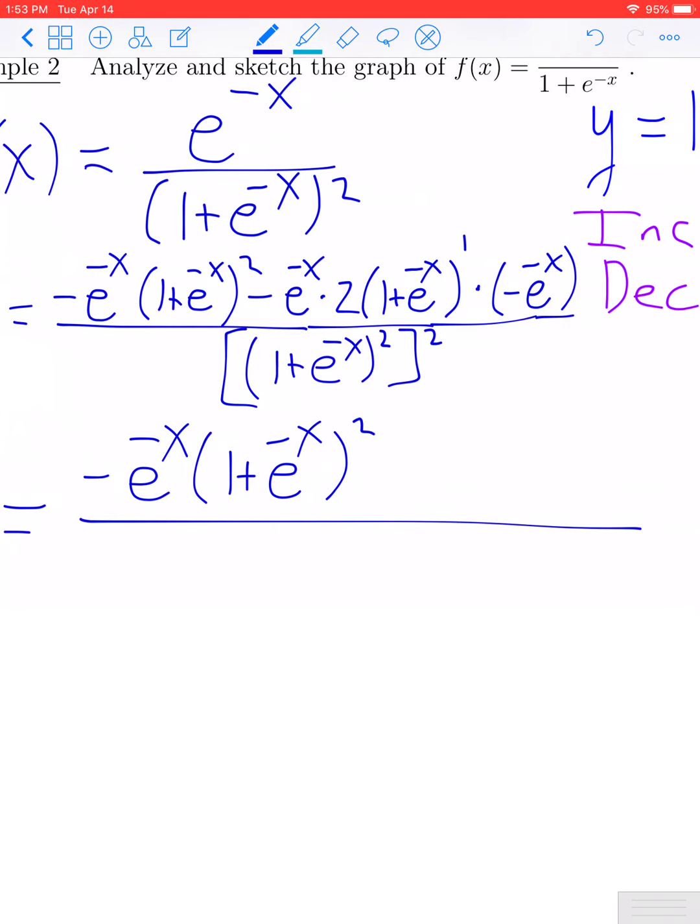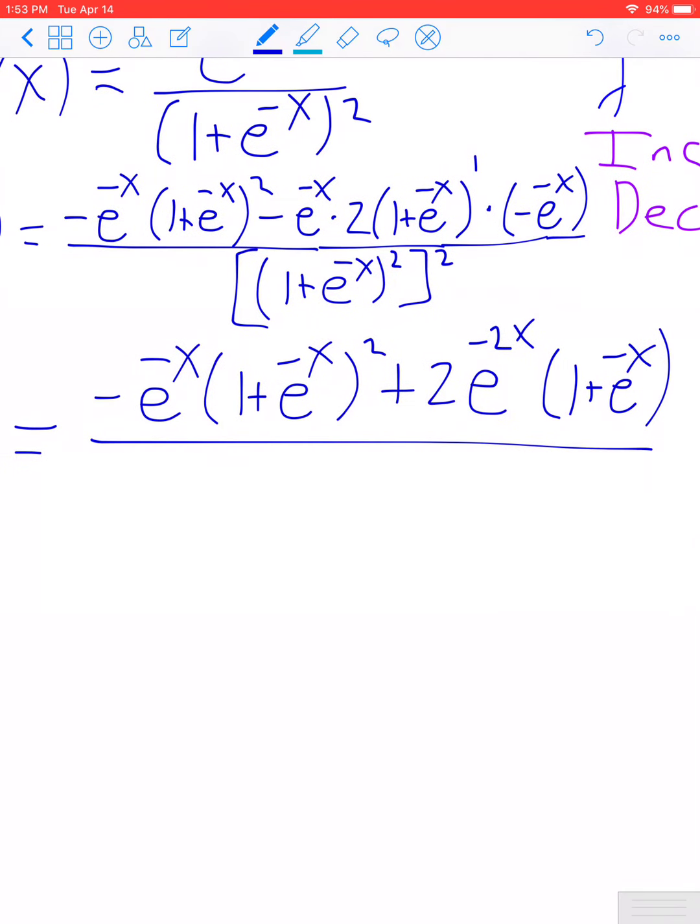A negative and a negative will make a positive. We have 2 e to the negative x times e to the negative x, which is e to the negative 2x. Multiplication by like bases, you add the exponents. And then we have a 1 plus e to the negative x, all over 1 plus e to the negative x, now to the 4th power.